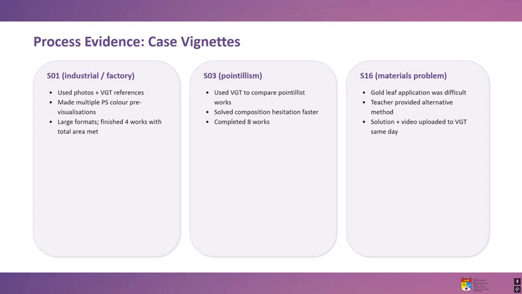Student number 17 had a technique problem using gold leaf. I suggested a better method and uploaded an example and a tutorial video to VGT on the same day, so other students could also learn from it.